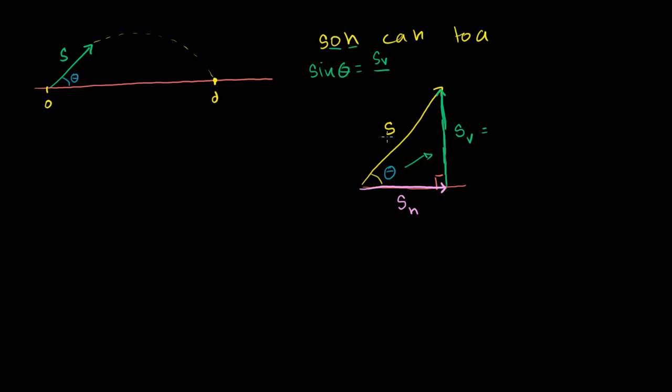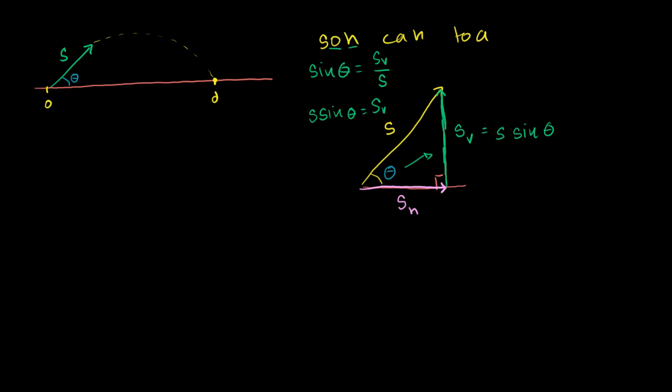And our hypotenuse is the speed s. And so if we want to solve for our vertical velocity, we multiply both sides of this equation by s. So you get s sine of theta is equal to the vertical component of our velocity.